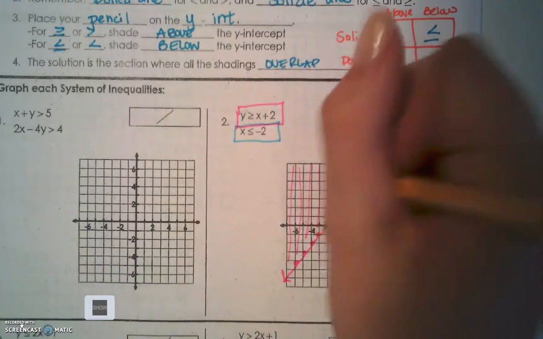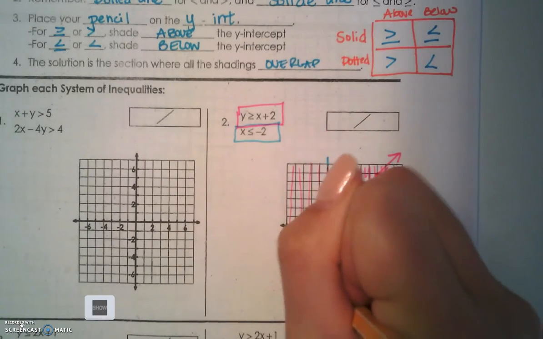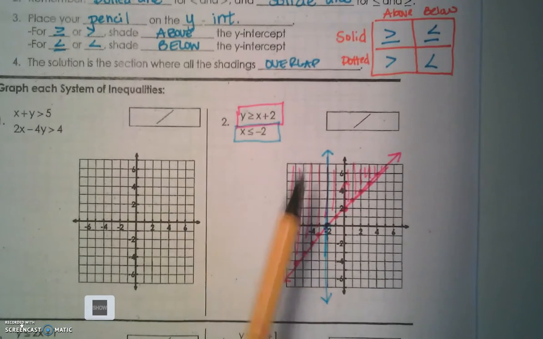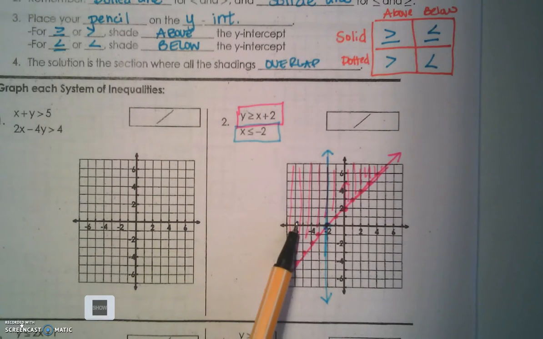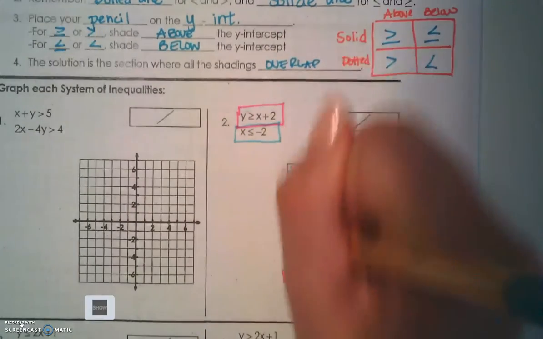So first let's make that a solid vertical line. Now, I want to shade less than negative 2, and those are x values less than negative 2. So in this case, it's going to be a little bit different. I'm going to shade over here.